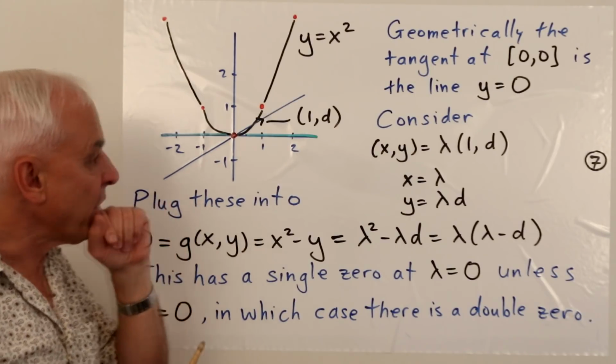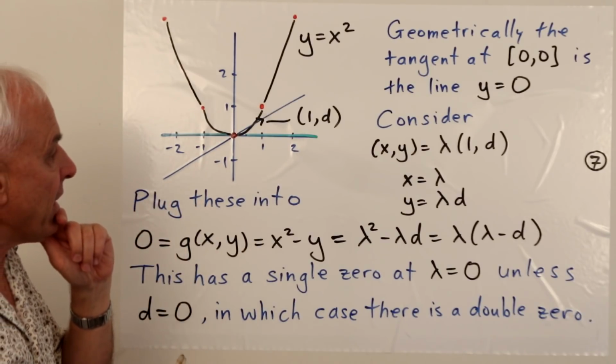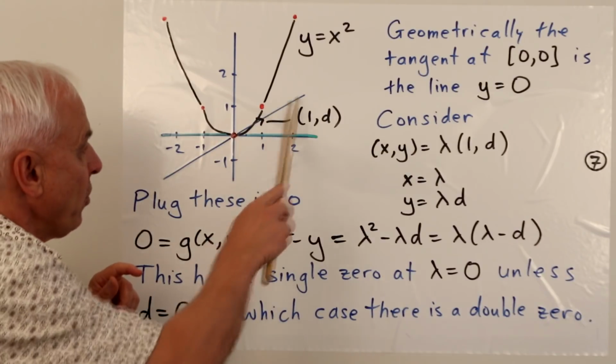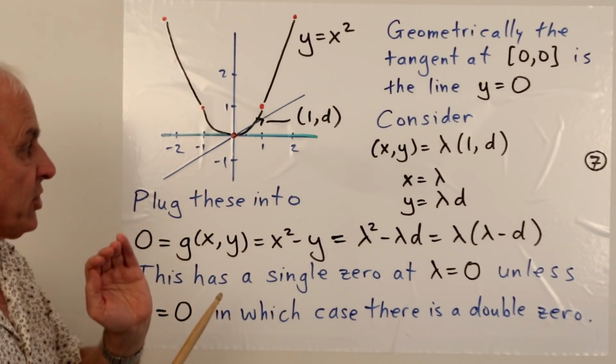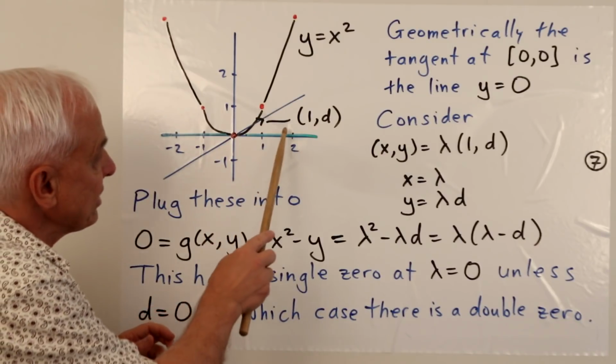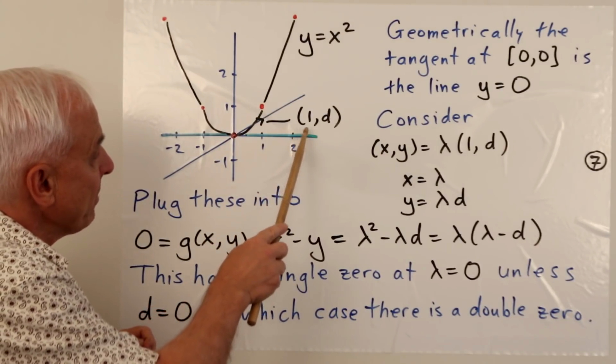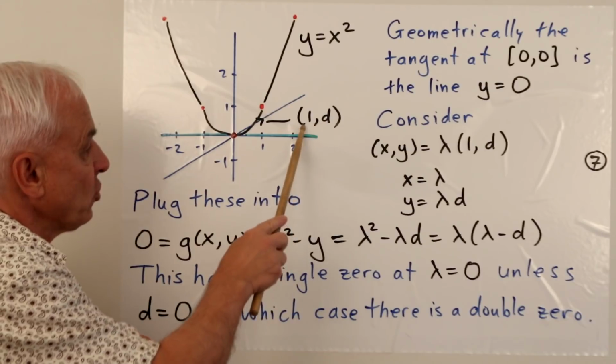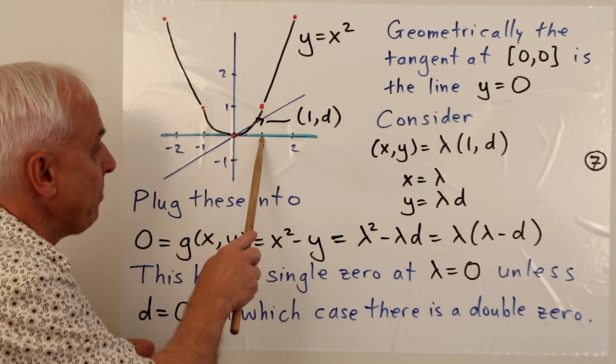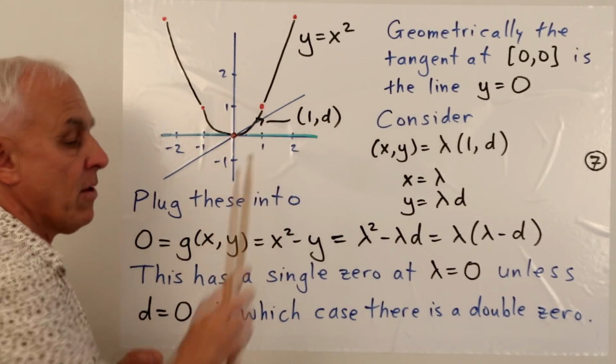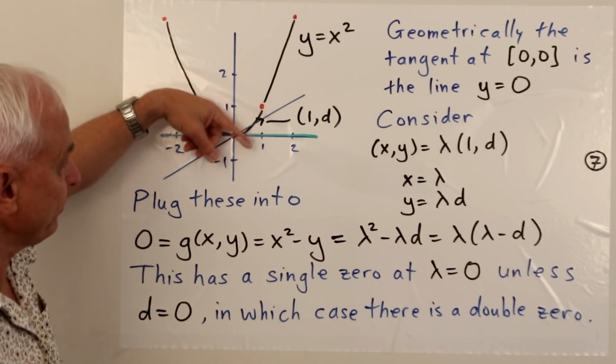So let's consider a vector, okay, emanating from the origin, in a particular direction. We're going to look at a direction. And just to be organized, let's take some multiple of (1, d). The vector (1, d) has 1 in the x component and say some d in the y component. So it's some vector, okay?